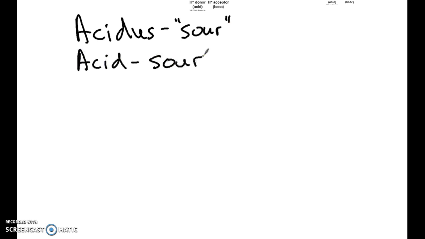Citric acid is probably one of the most common flavorings in the world, period, and it's found naturally in oranges and lemons and other citrus fruits, but that's where that sour taste comes from. Now, oranges have a lot more sugar, so they taste sweet, but they still have a tart sourness to them. Vinegars and others, but basically acids have a sour taste.